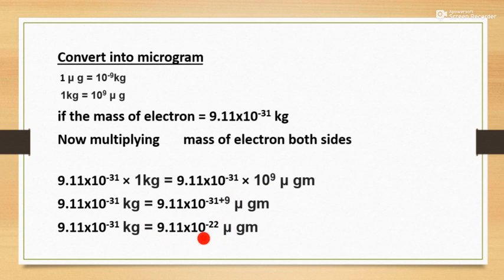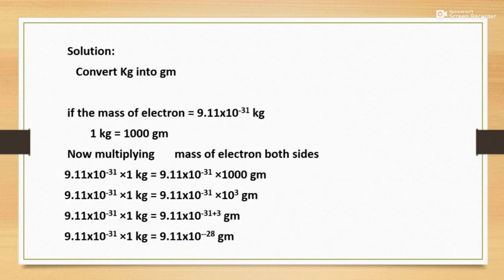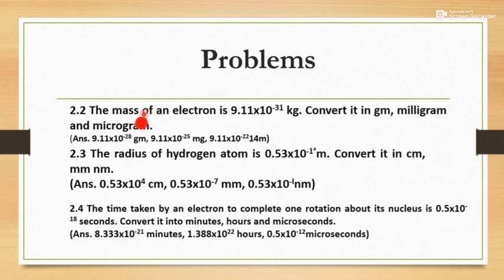This is the mass converted from kg into microgram, which is equal to 9.11 times 10 raised to minus 22 microgram. Okay, this is the answer.